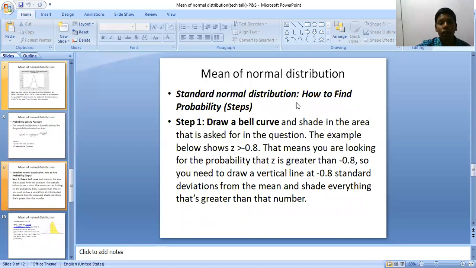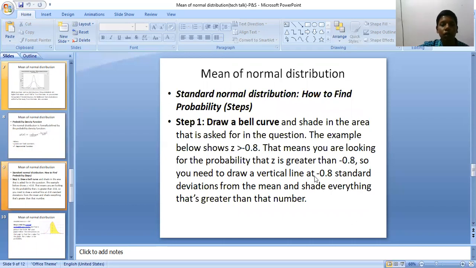Standard normal distribution: how to find probability, steps. Step 1: Draw a bell curve and shade in the area that is asked for in the question. The example below shows z greater than minus 0.8. That means you are looking for the probability that z is greater than minus 0.8.